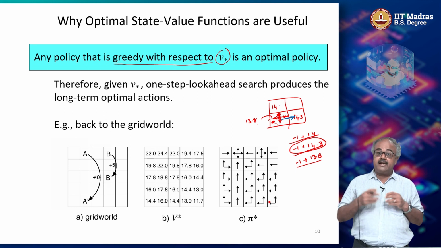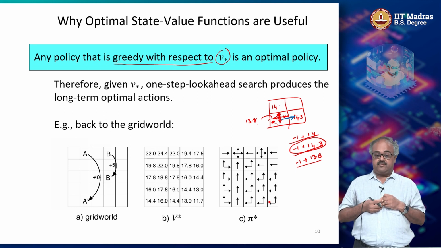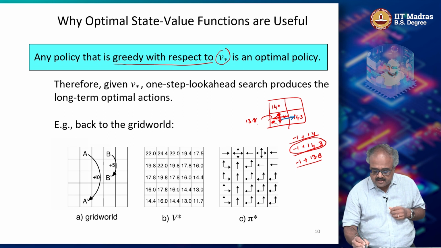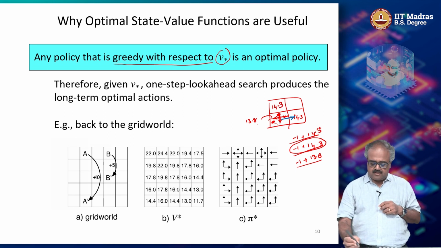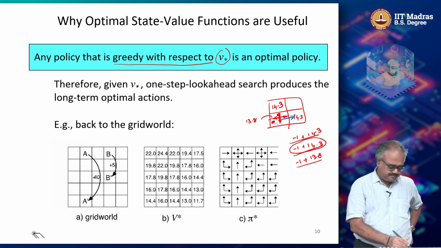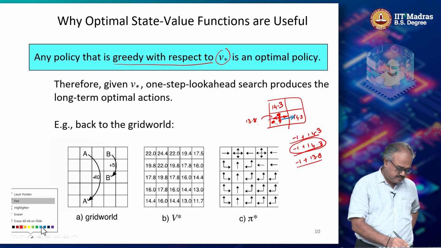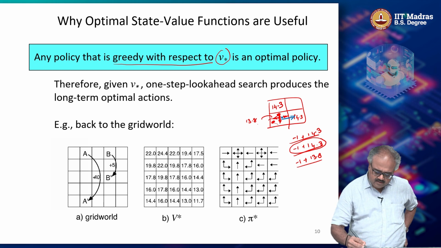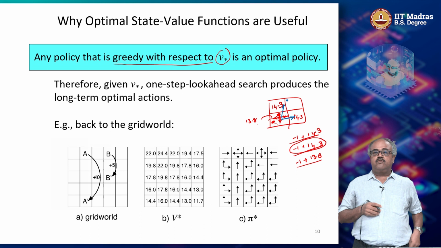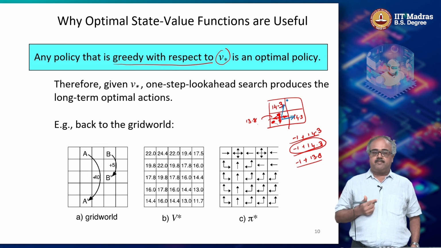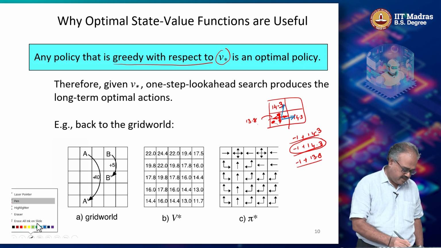That gives me the optimal policy. Suppose this had also been 14.3. Then this or this would have been optimal, and I could have taken any one of those actions, and that would have been an optimal policy action in that place.